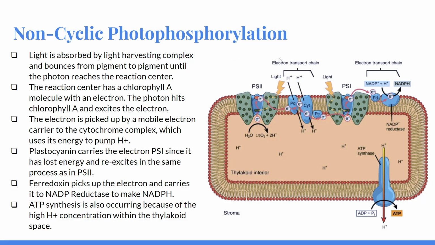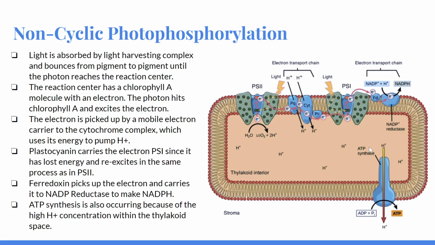But you do have to know there is a cytochrome. There is pumping of H+, so pumping H+ out of here. And since that concentration gradient of H+ is so high on the outside, what it wants to do is naturally diffuse in.